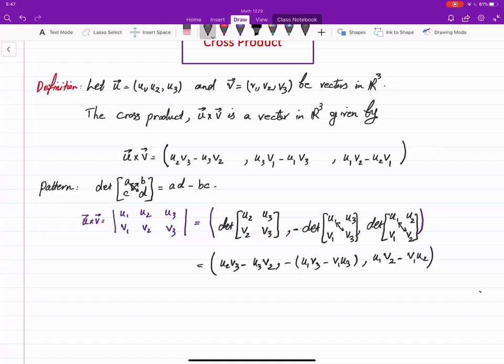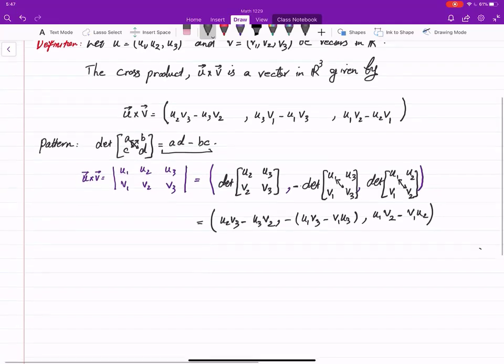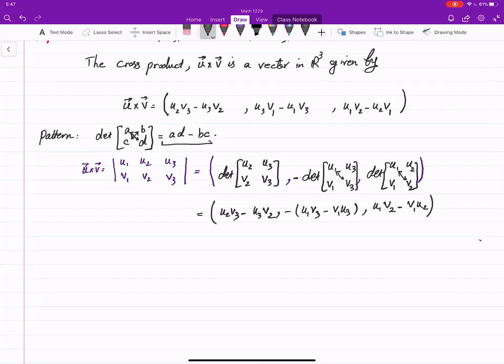That's how you get the above formula. So only knowing the determinant of 2 by 2 matrices gives you a nice way to memorize how this works. Before I do an example, let me write a remark here.